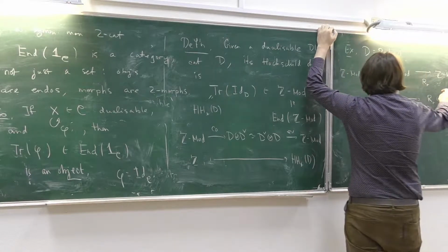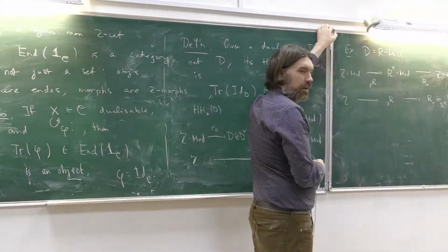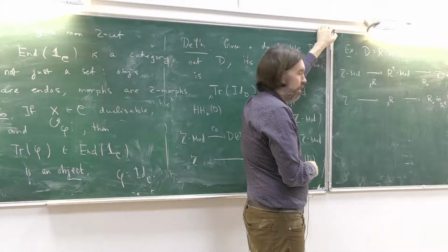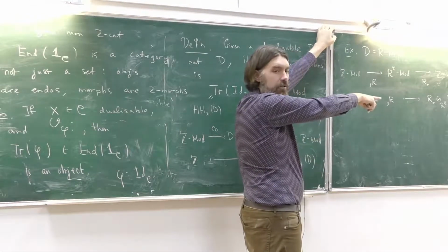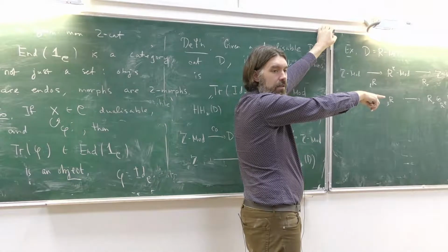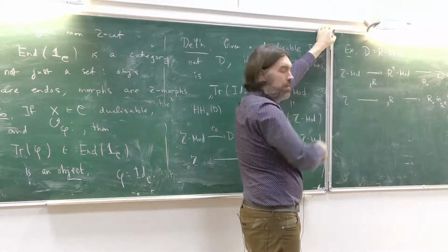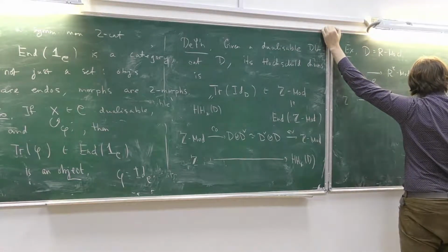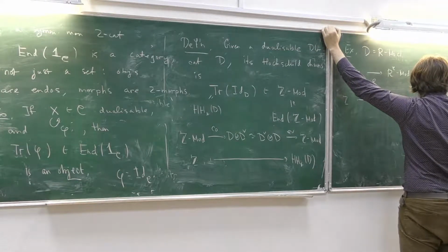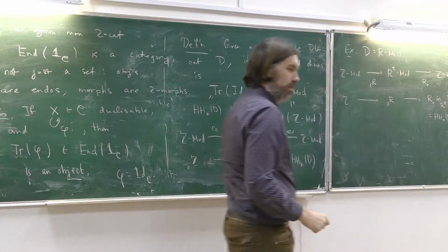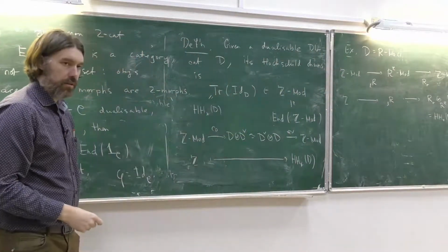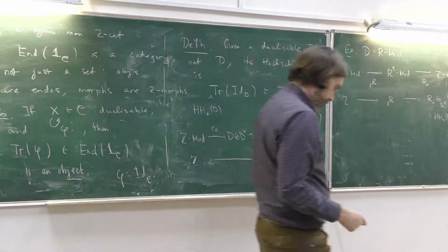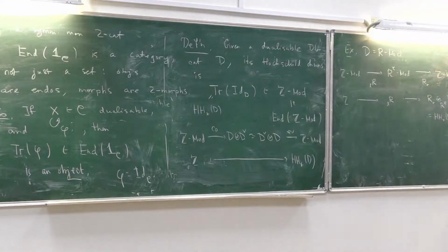And because we're cool kids, we're not explicitly writing the derived tensor product. And that's exactly Hochschild chains. Right? It was the tensor product of the diagonal bimodule with itself. So this abstract definition agrees with the more classical definition in this example.